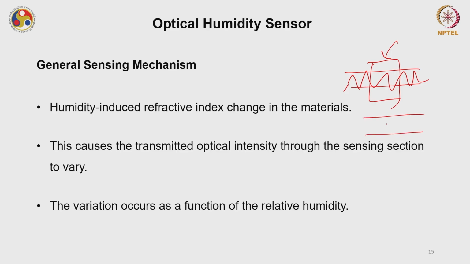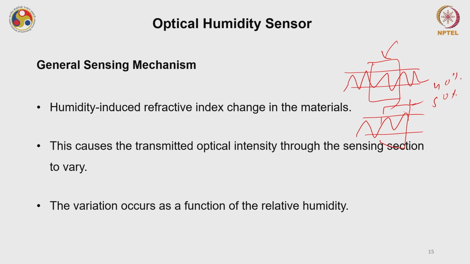In the second case this material has absorbed some humidity, say 40% RH or 50% RH. Now in the presence of this light, there will be some changes that can be detected based on what principle it operates.